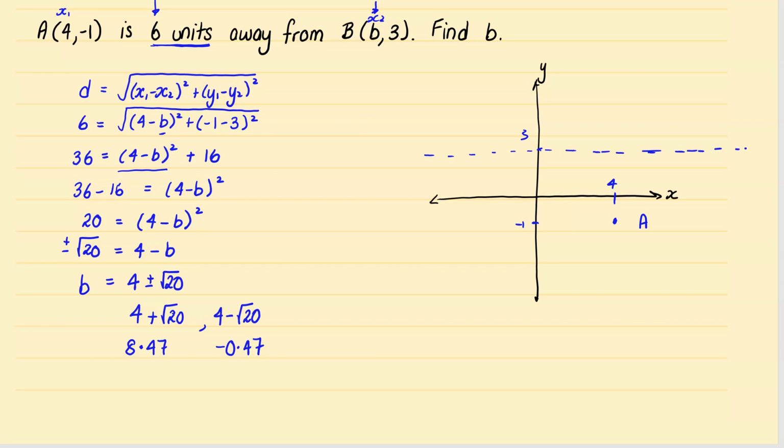Okay? But it has to be 6 units away. So B is somewhere on this line, but it's 6 units away. Now, it can't be directly above because that would actually be 3 units. Okay, so the minimum distance would actually be 4 units. Anyway, it could be 6 units that way, and it could be 6 units the other way. So that's why we get our 2 solutions over here.